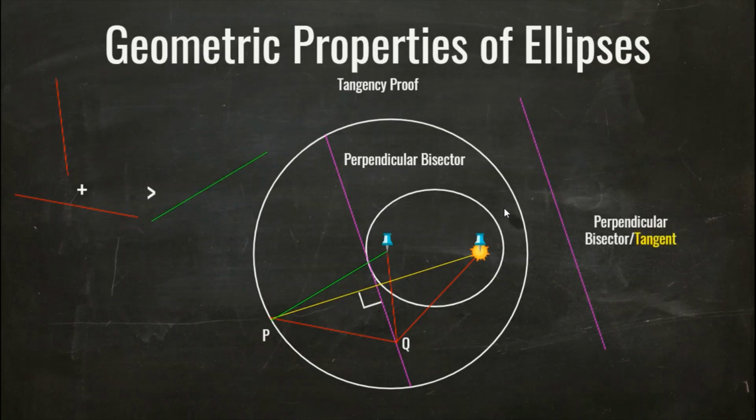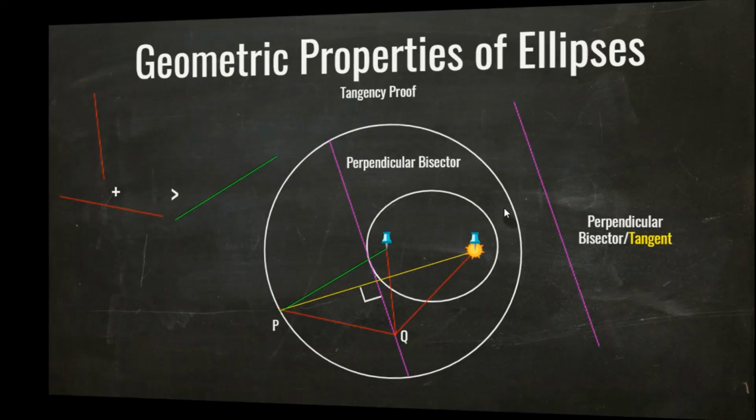Here, I'm summing up what I mean by that. At any other point on this perpendicular bisector, the focal sum is always greater than the radius. What that means, and this is important, is that all the other points on this perpendicular bisector have to lie outside the ellipse. And what this means is that the line we got after a special 90-degree rotation is tangent to the ellipse.